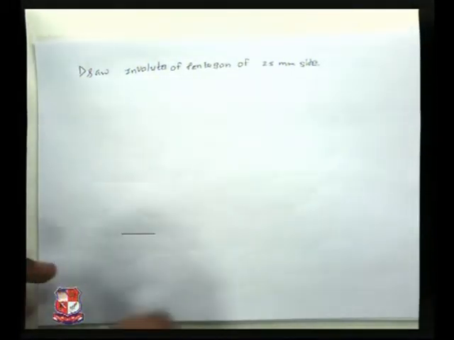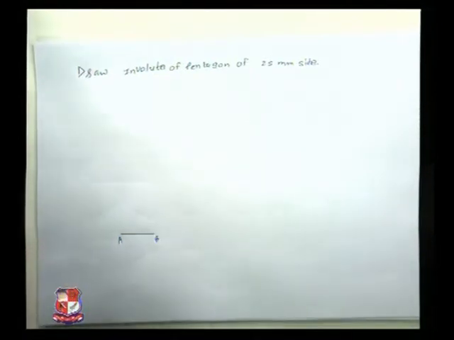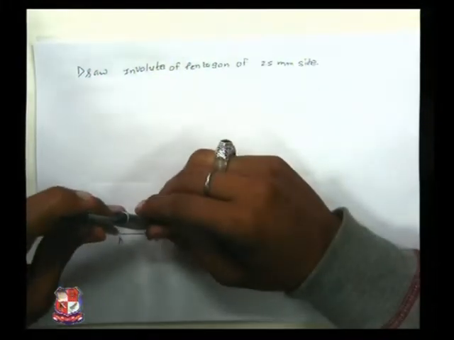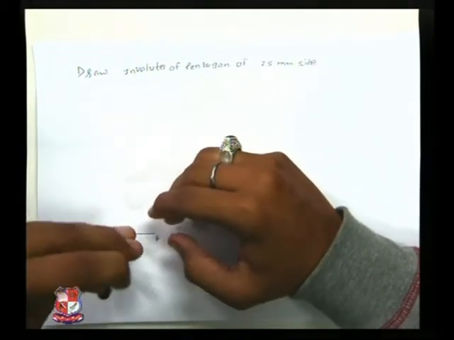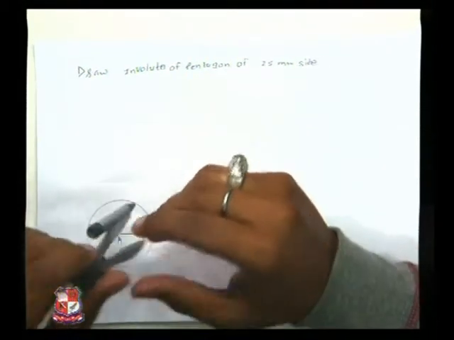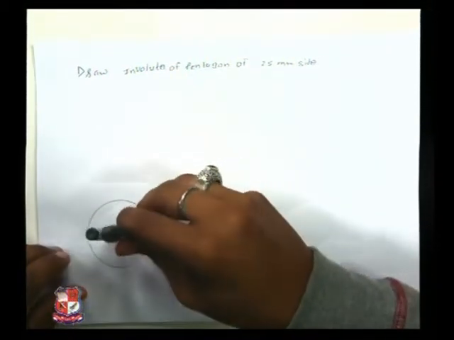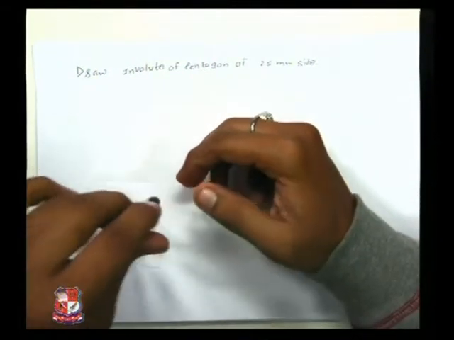Let's call it AB. A as center, AB as radius, draw a circle. On the other side, B as center, AB as radius, draw a circle.